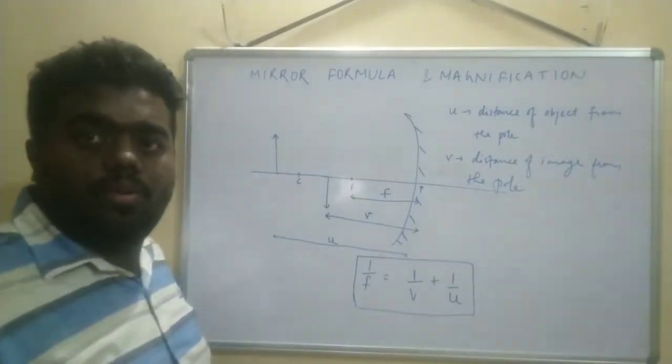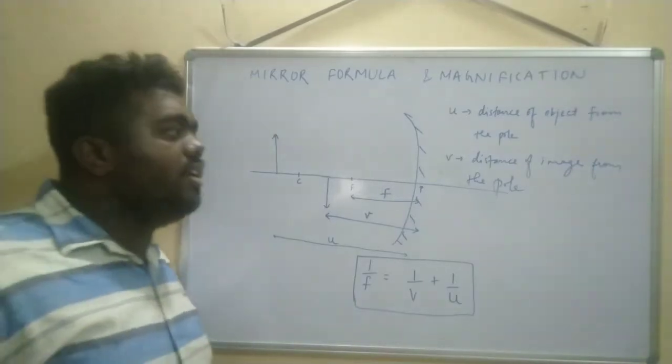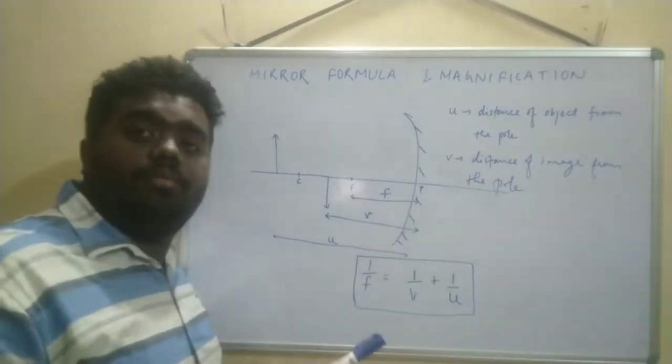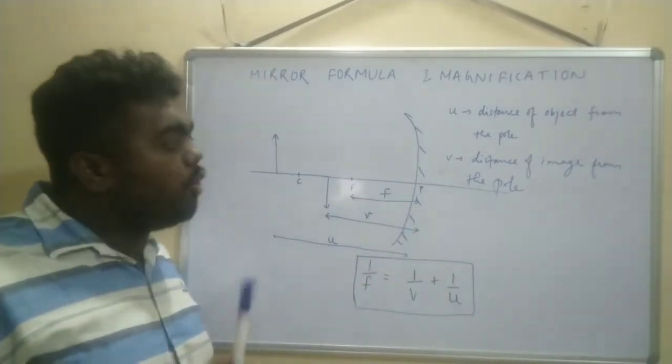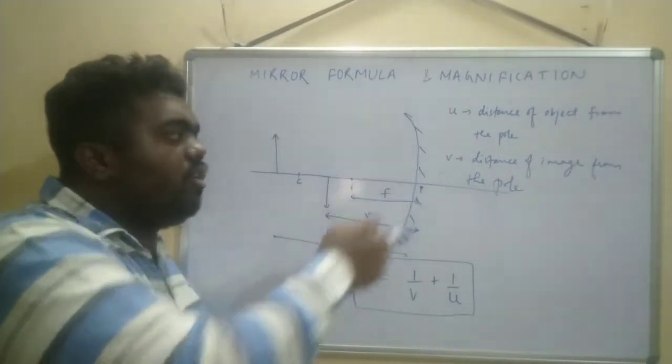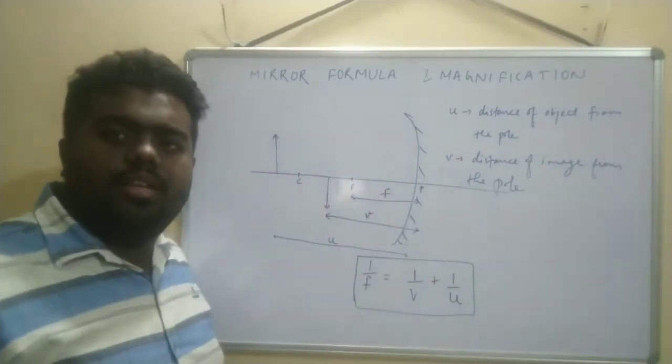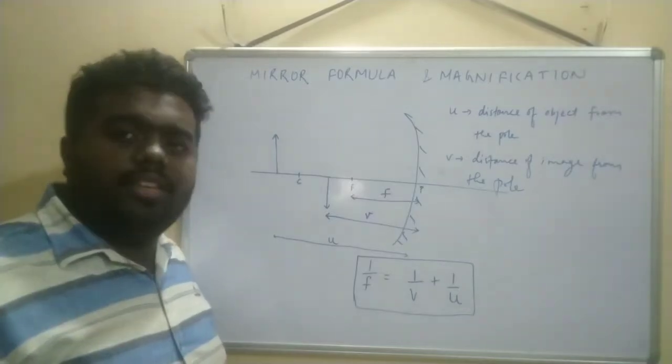Remember this thing. In numericals we will see the distance from the mirror. It will be written as the distance from the mirror. So don't worry if it says pole or mirror, we will take it as v, u. The same thing.